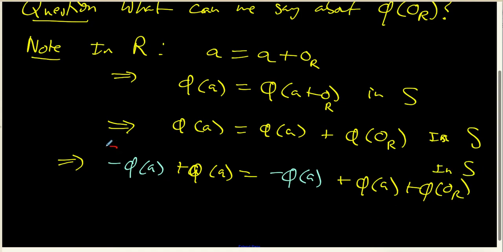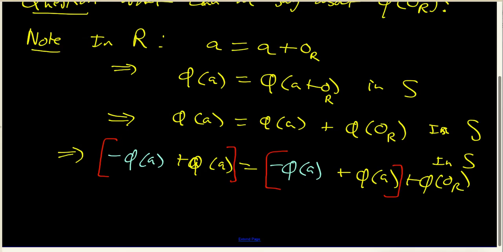And I'm going to use the associative property to put some parentheses around these two elements on the right-hand side of my equation. The stuff that's in these two sets of red parentheses is the additive inverse.